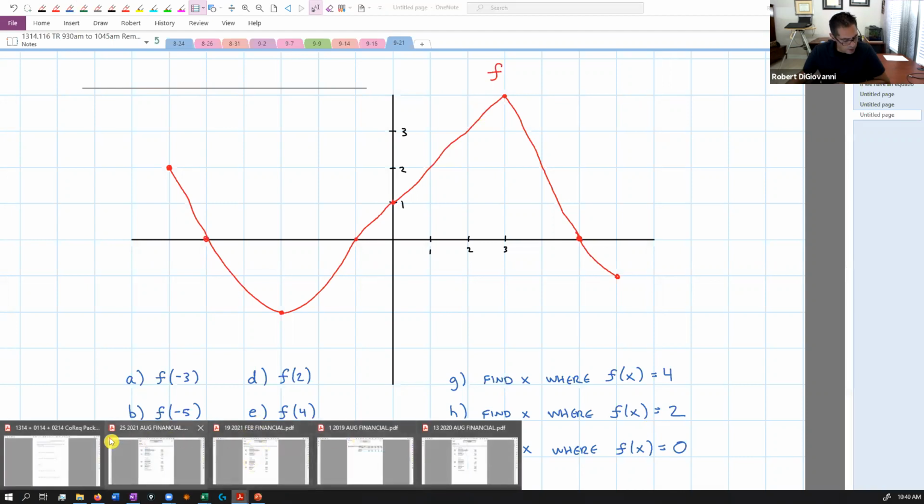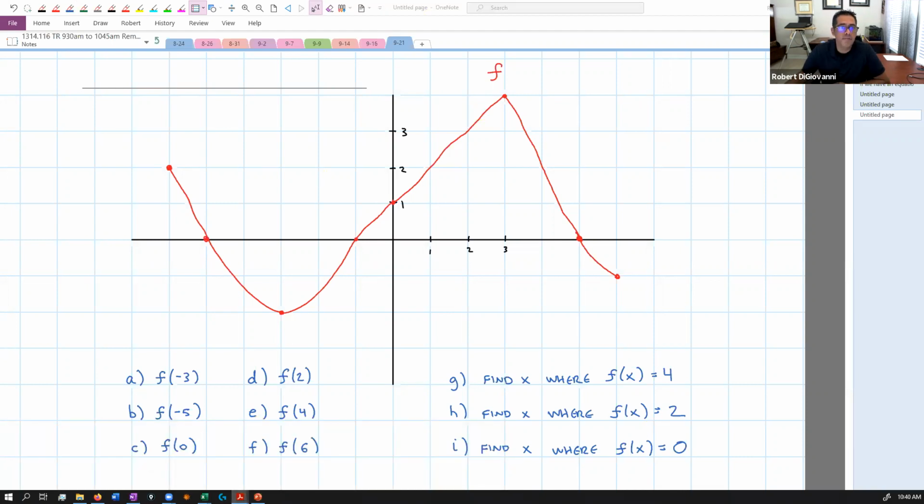I need to look at your homework real quick out of the packet. So I'll put here on the side what homework to do out of the packet. Page 85, do 1 through 6.